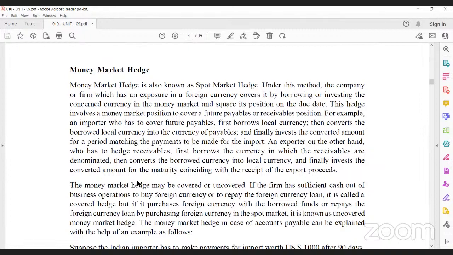This hedge involves a money market position to cover future payables and receivables. For example, an importer who has to cover future payables will first borrow local currency. Then convert the local currency into the currency in which they have to pay. And finally, invest the converted amount for a period matching the payment to be made.